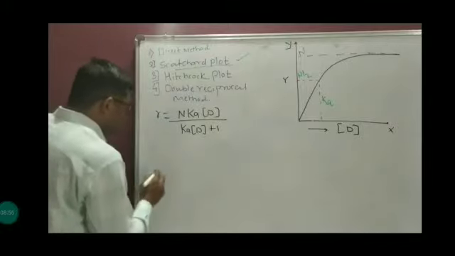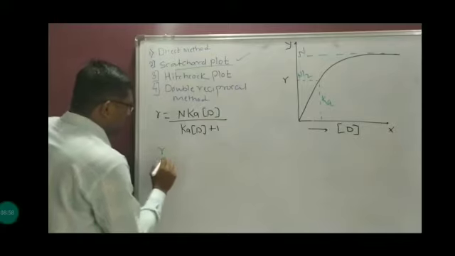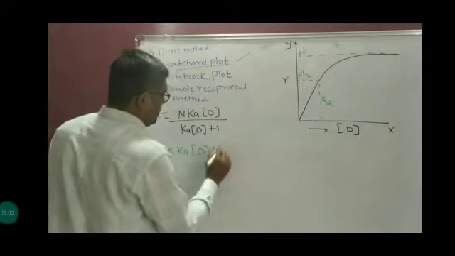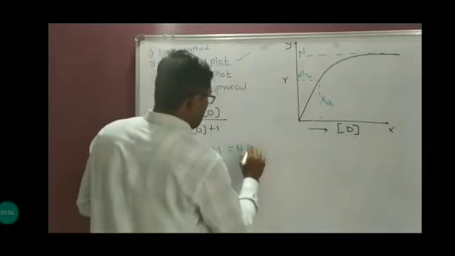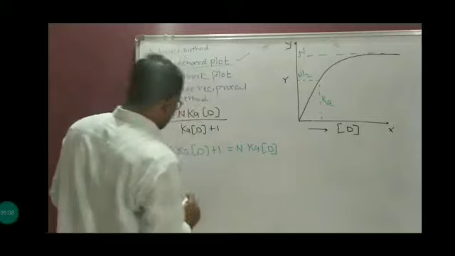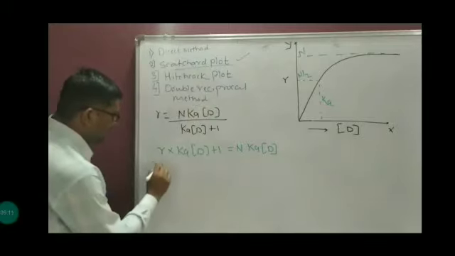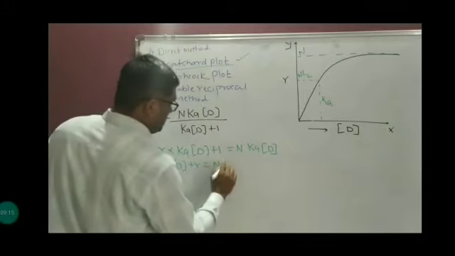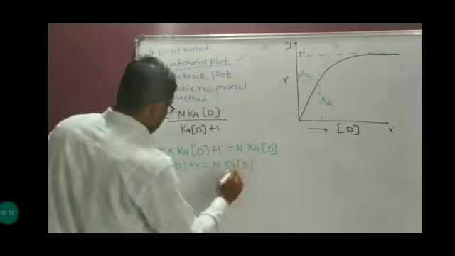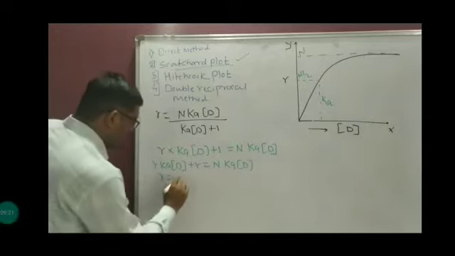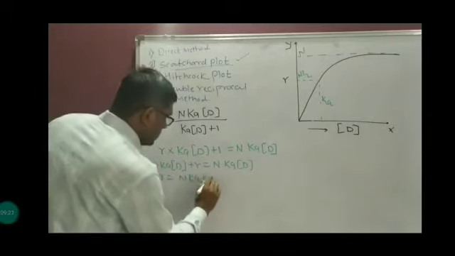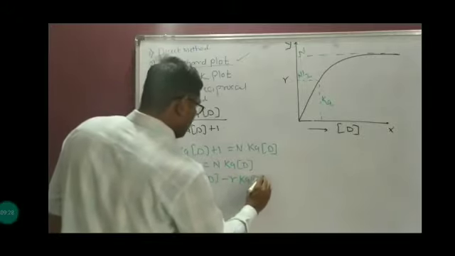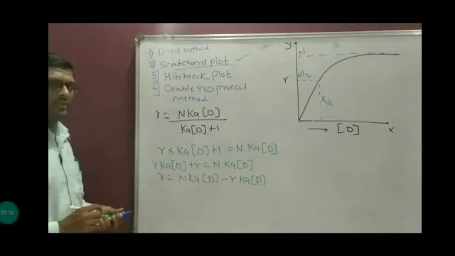Here, cross multiplying, R into Ka D plus 1 is equal to N Ka D. Multiply R Ka plus R is equal to N Ka D. R is equal to N Ka concentration of D minus R Ka concentration of D. That is the free drug.